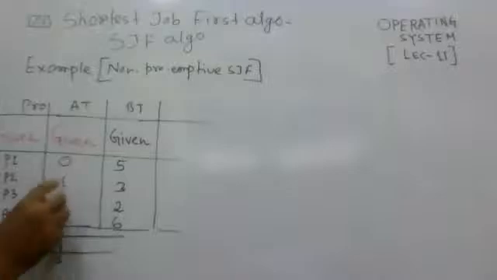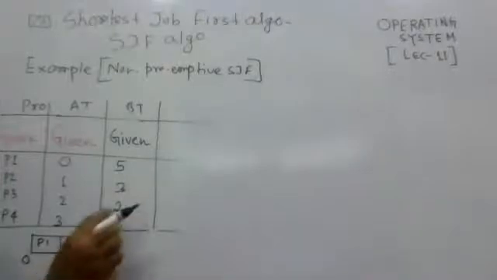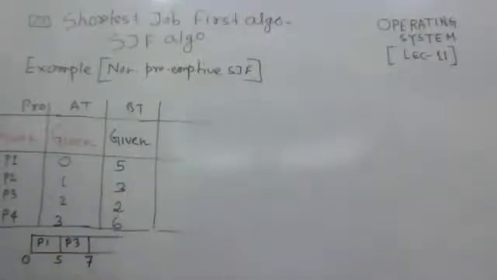Now check among these 3 processes which one is shortest, that means whose burst time is minimum. The minimum burst time is of P3. So next we schedule P3 for 2 time units, so the next time bound is 5 plus 2, that is 7.